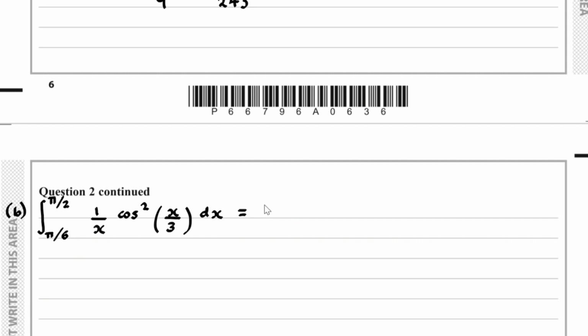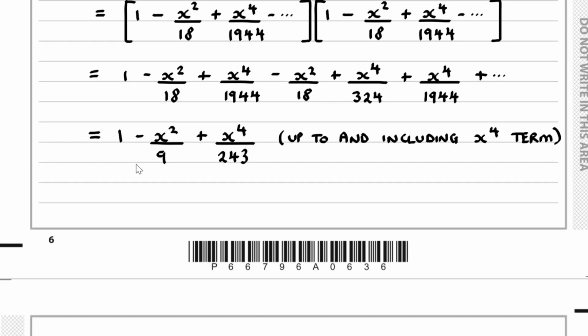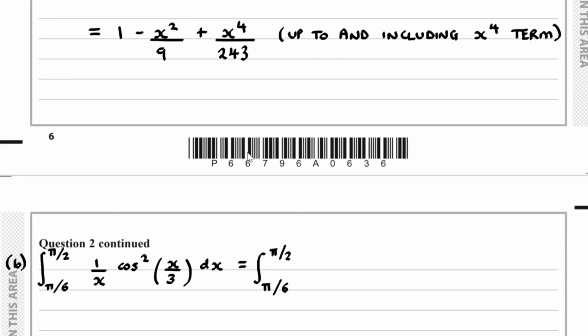So if we work this out, what we can do is use our series expansion. Cos squared of x over 3, that's what we worked out here.